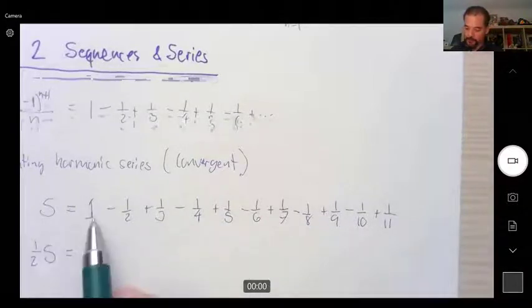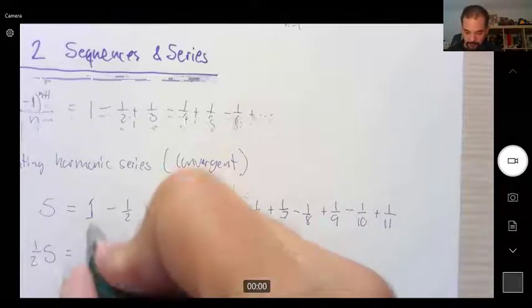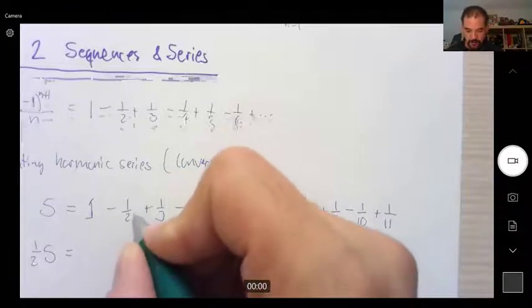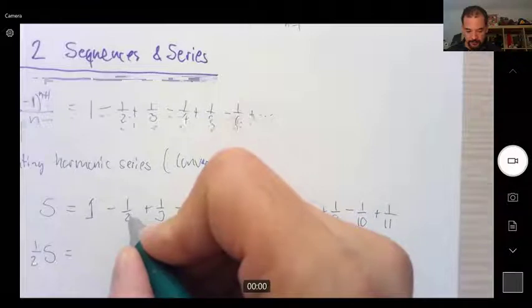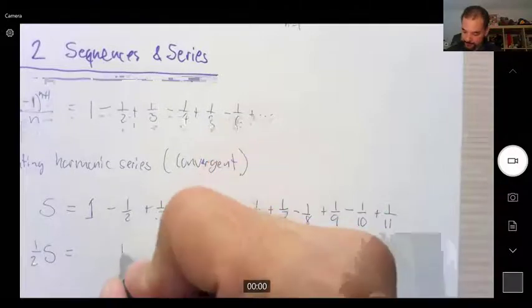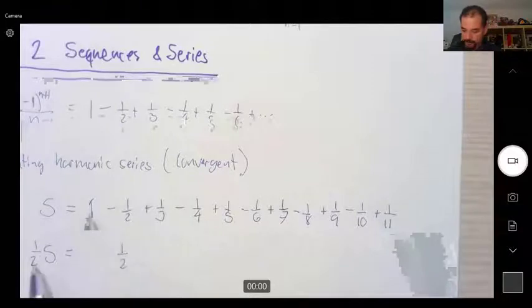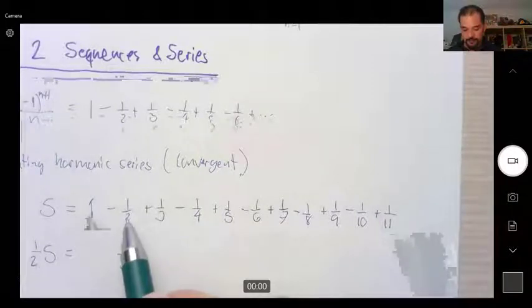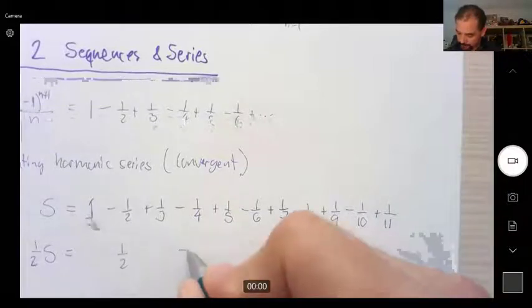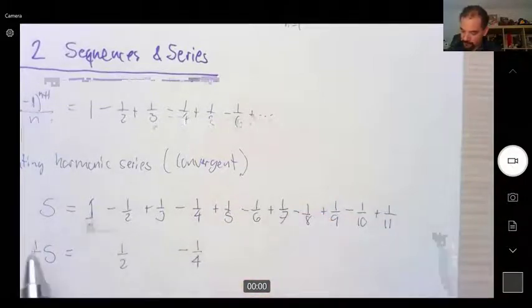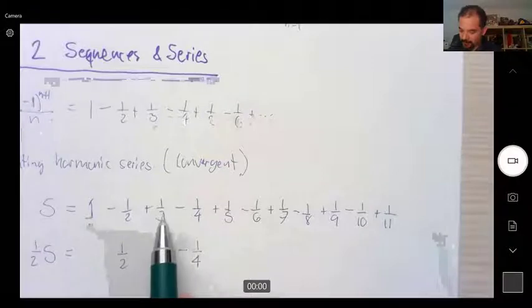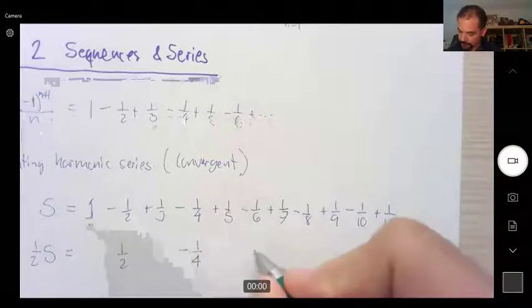So 1/2 times 1, that's 1/2, and I'm going to place it right here. Then 1/2 times -1/2, that's -1/4, and I'm going to put it here. And then 1/2 times 1/3, that's 1/6, and I'm going to put it here.